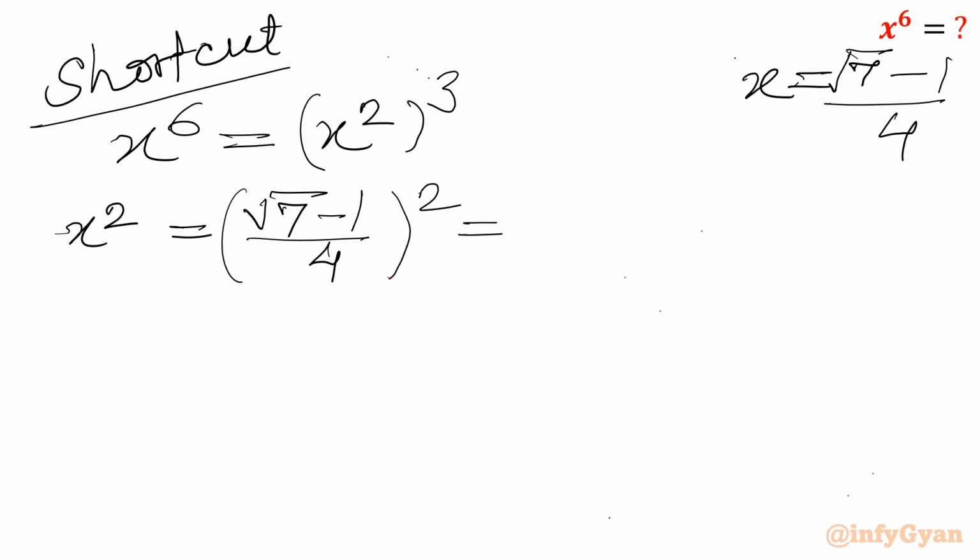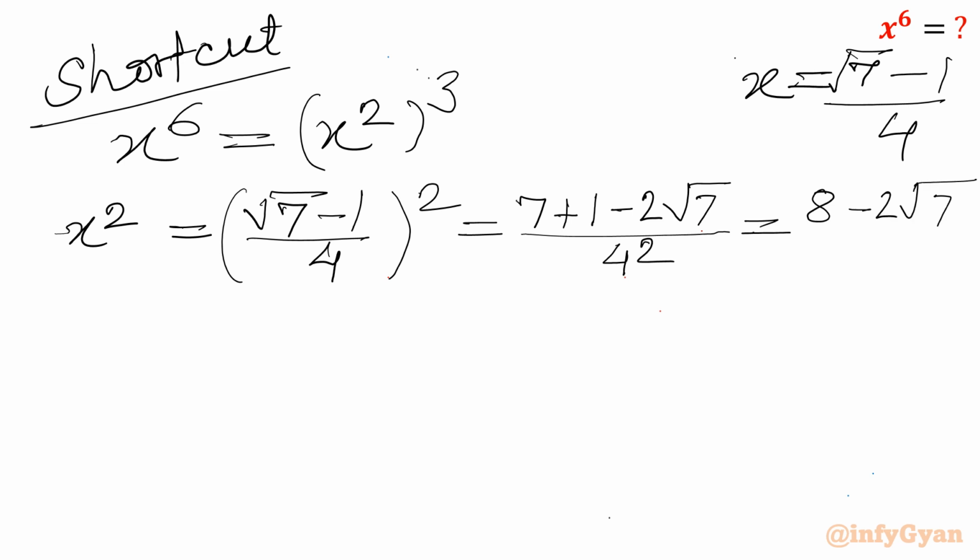A minus b whole square: a square plus b square minus 2ab over 4 square I will write here. Now this is 8 minus 2 square root 7 over 16. So x square will be 4 minus root 7 over 8.